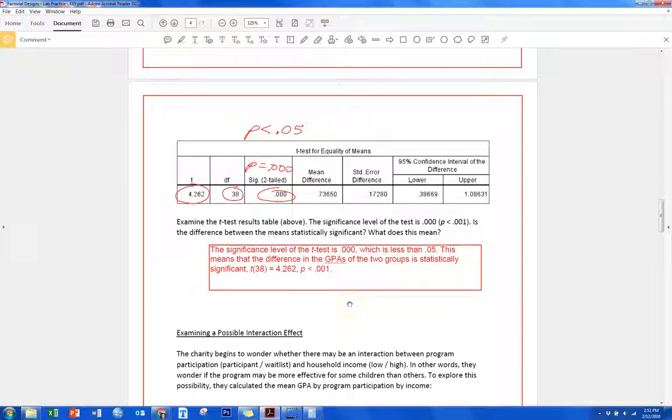So yes, it is statistically significant. Children from high-income homes had significantly better grades than those from low-income homes.